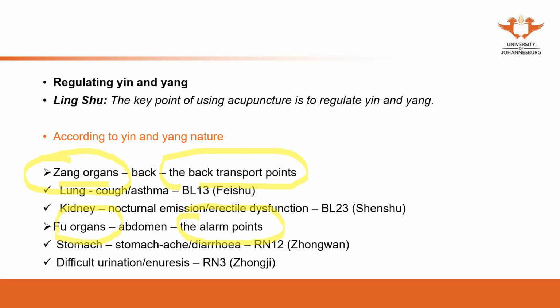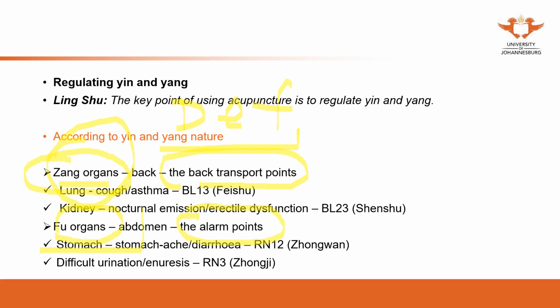The reason is that, from the theory, most Zang organ problems are deficiency. We don't say 100%, but most of the Zang organ conditions are deficiency. Most of the Fu organ conditions are excess.